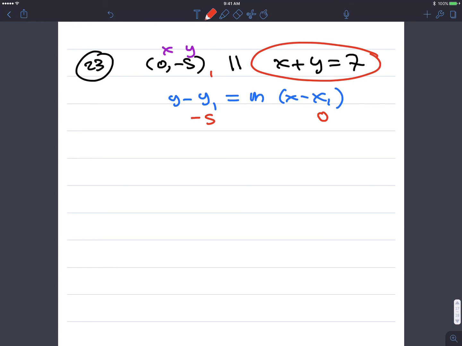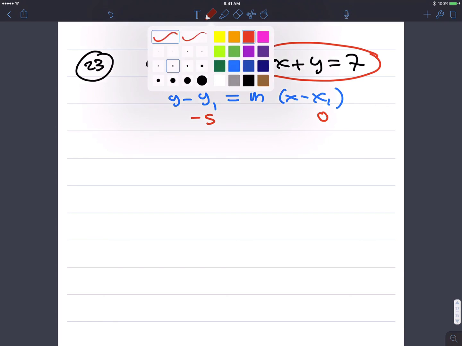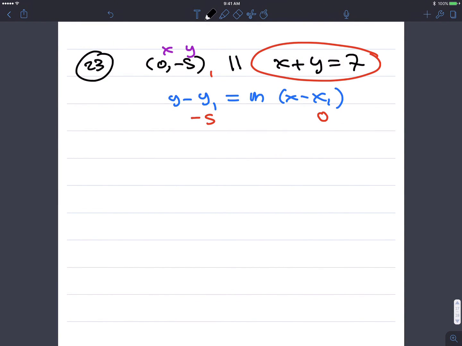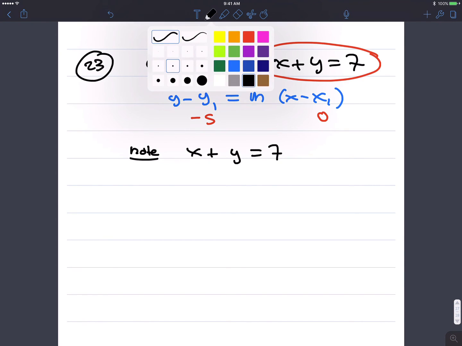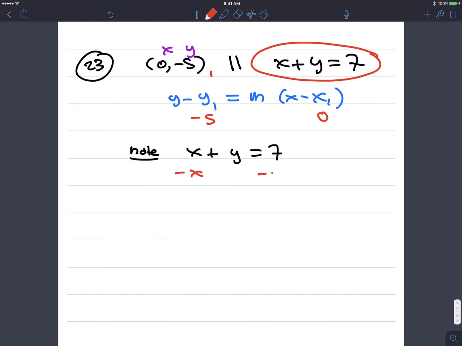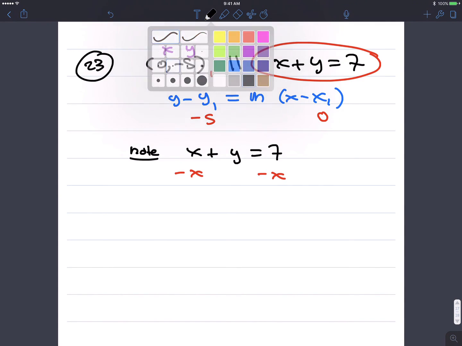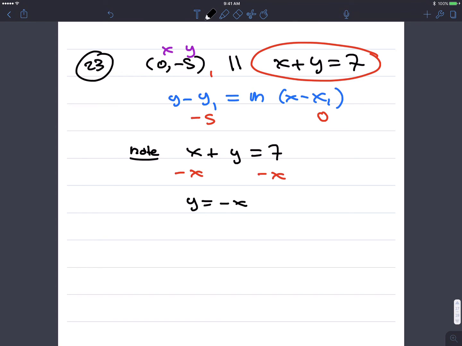To get the slope, we're going to have to solve this equation here for y. Put this in slope-intercept form. So let's note x plus y is 7. Subtract x, subtract x. Y is -x plus 7.